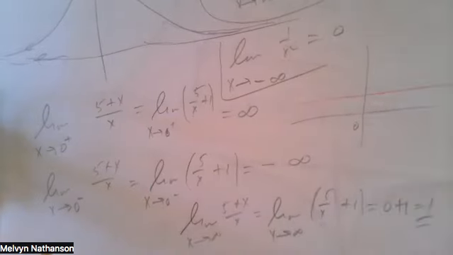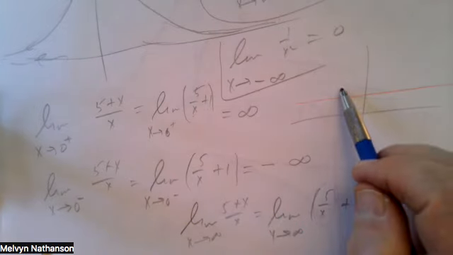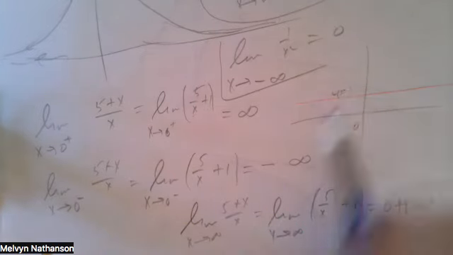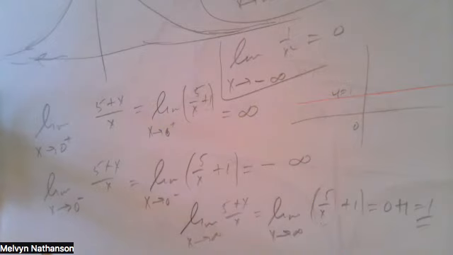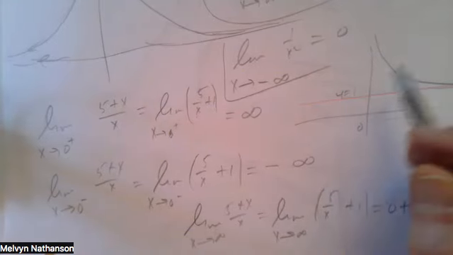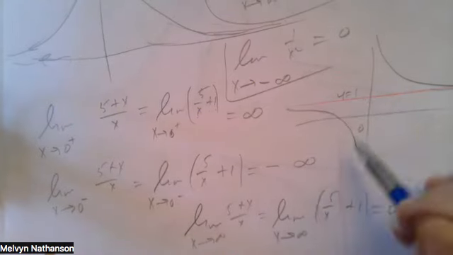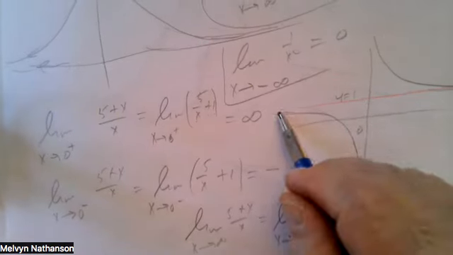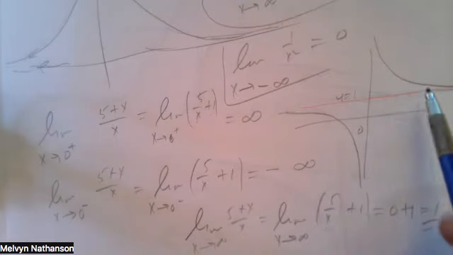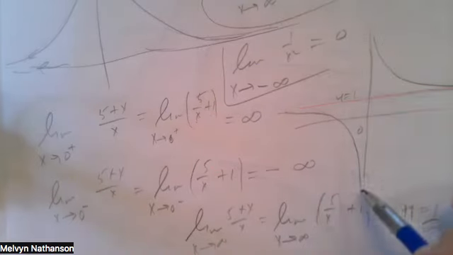And in fact, if you were to graph this function, you have a horizontal line, y equal 1, and the graph for this function looks something like this. As you go to plus or minus infinity, the limit is 1. You have a horizontal asymptote at y equal 1 and a vertical asymptote at x equals 0.